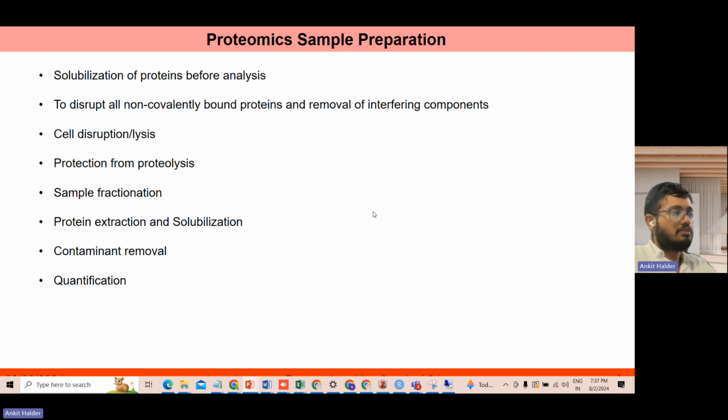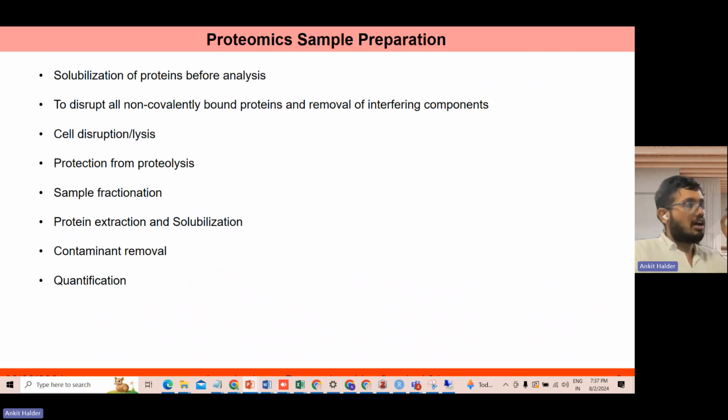So there is no one method that can be used universally by anyone because of the constraints, as I have already mentioned, that there are different constraints, different constituents, different compositions of the cell walls and of the different cells.